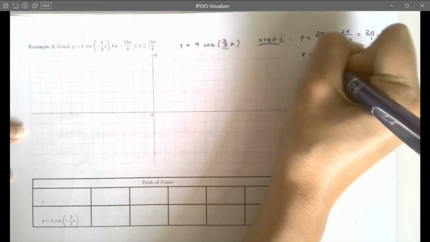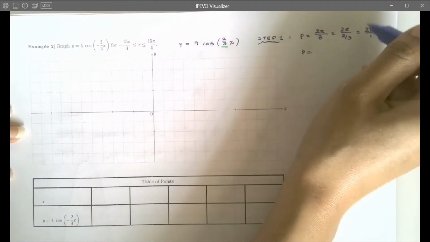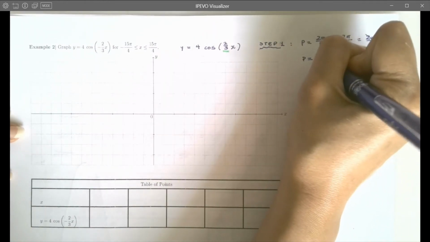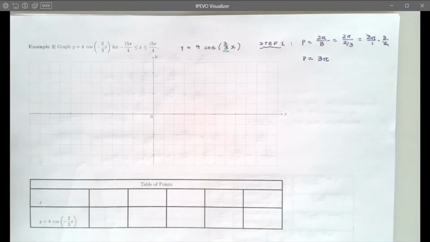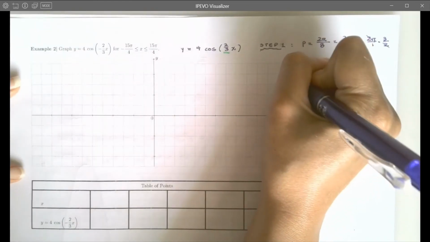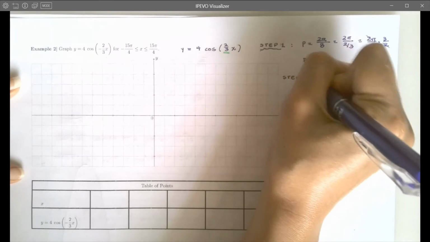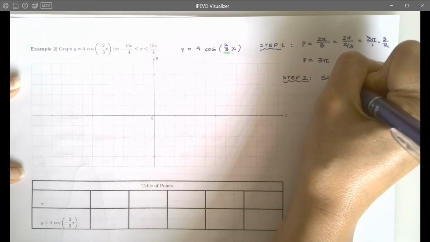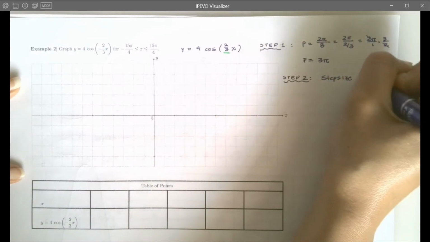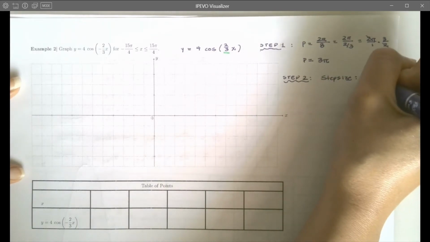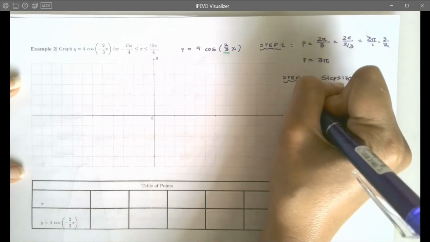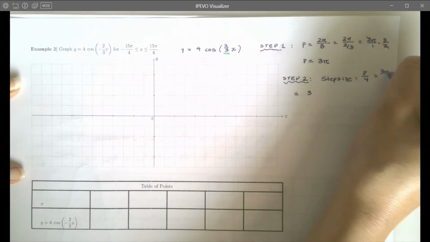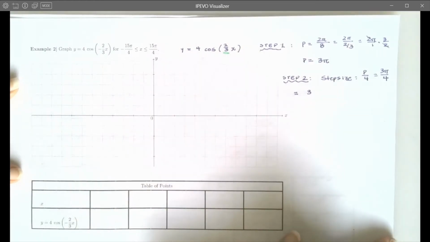And that means that the period is going to be, well, the 2's are going to cancel out, a pi times 3, which is going to give us a 3 pi. Okay, the next step is to find our step size. So the step size, as we saw in the first example, is going to be the period divided by 4. So that is going to be 3 pi over 4.